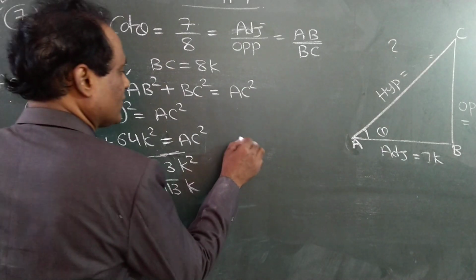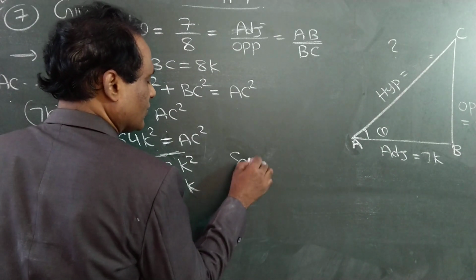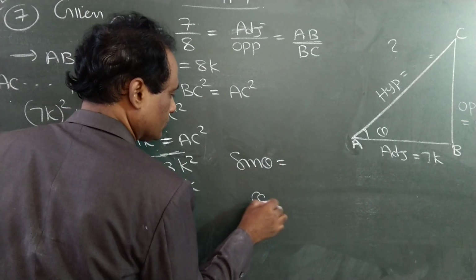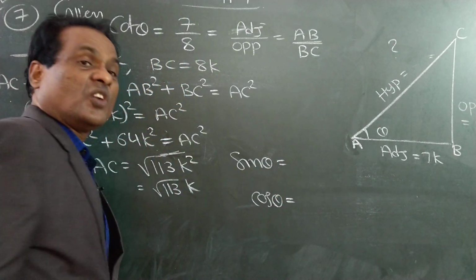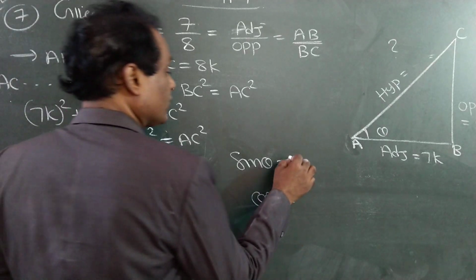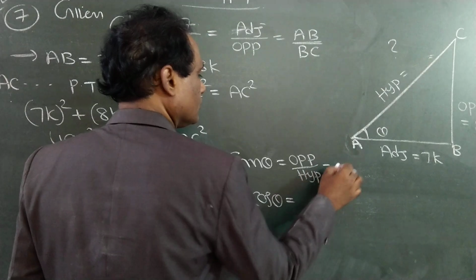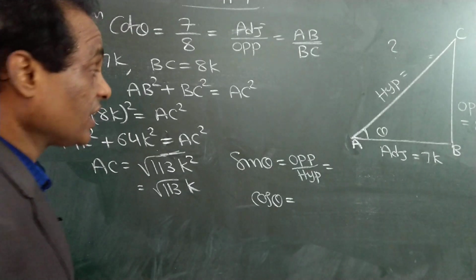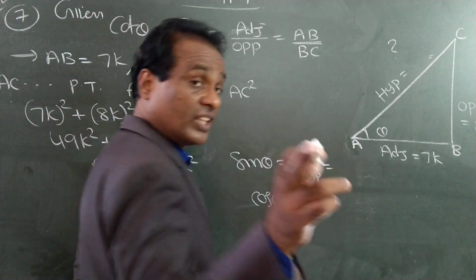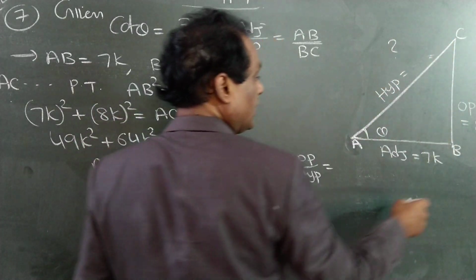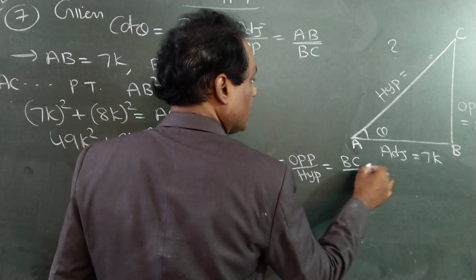Now find sin theta and cos theta. What is the sin theta definition? Opposite by hypotenuse. What is opposite in this diagram?